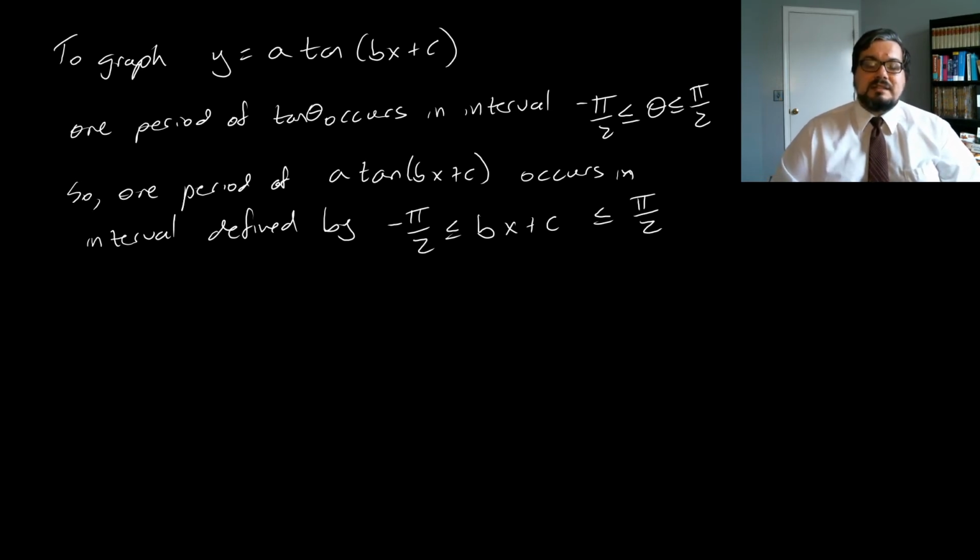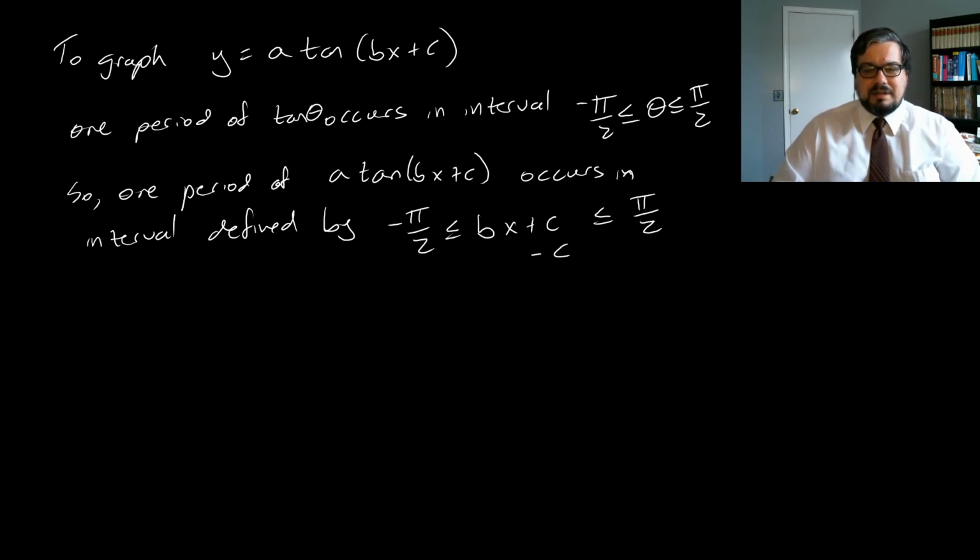So we can always take whatever's inside the tangent function, put it between negative pi over 2 and pi over 2, and use that to tell how the graph of our function is going to work. So working this out in general will let us determine the period and the phase shift for tangent.